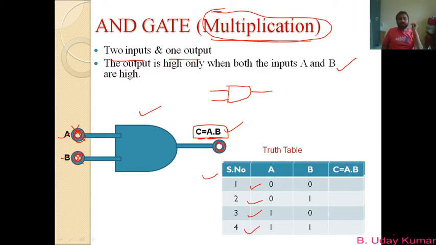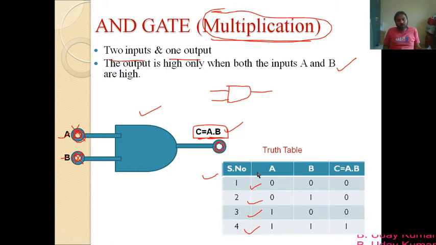That means the first option includes giving zero potential to both the input terminals. In the second option, you are giving zero potential to A and a high potential to B, and here you are giving high potential to A and low potential to B, and here you are giving high potential to both input terminals. When you maintain these potentials to these input terminals, it is found that the output will be like this.